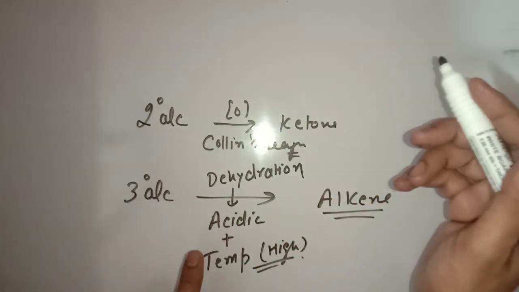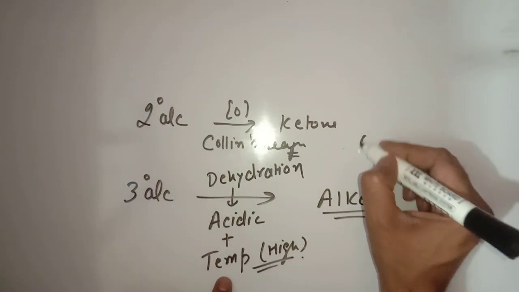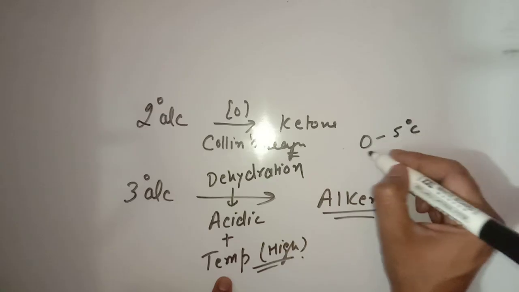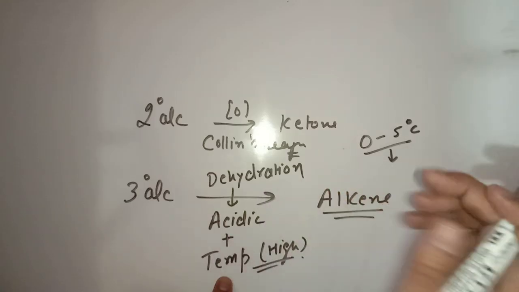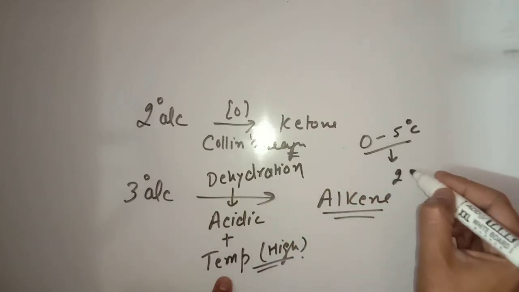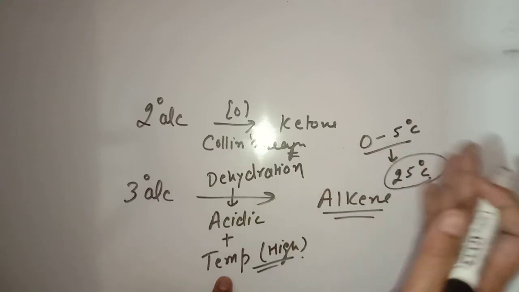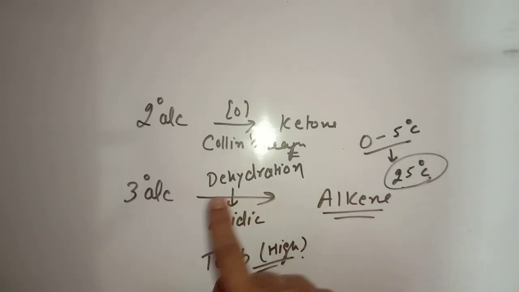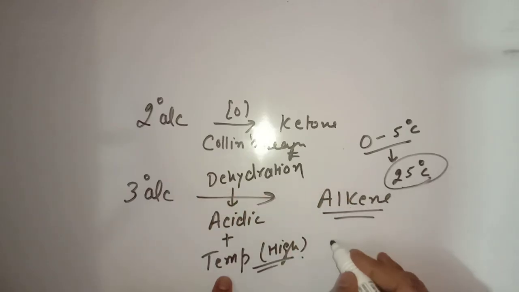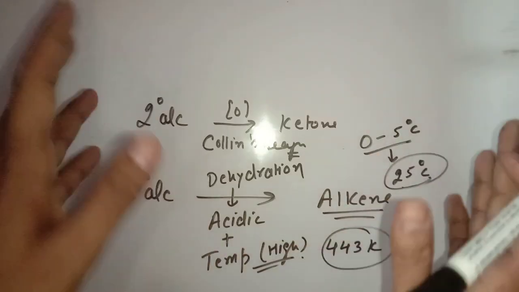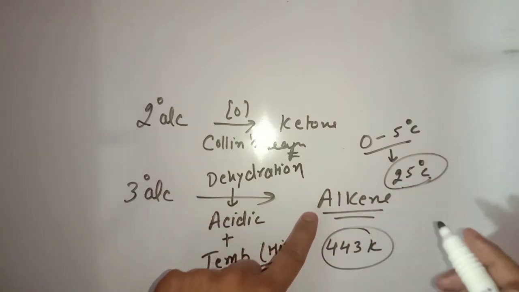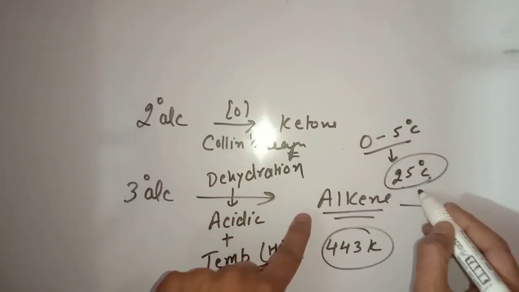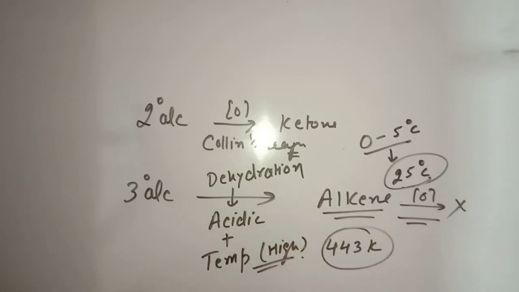Acidic conditions are not there. If you talk about temperature, the starting temperature condition I told you is 0 to 5 degrees Celsius. And finally, if you are using Collin reagent mixture, the temperature will be maximum 25 degrees Celsius, means up to room temperature it will work. But for dehydration of 3 degree alcohol to alkene, at least 443 Kelvin temperature we require, which is not available. We are not heating that. So that's why 3 degree alcohol will not dehydrate further to alkene, and if alkene will not generate, further oxidation of alkene cannot be done.